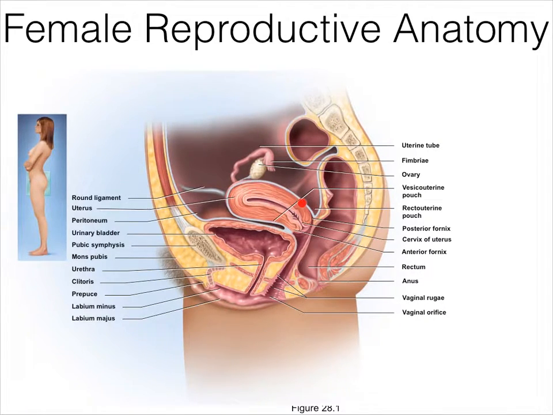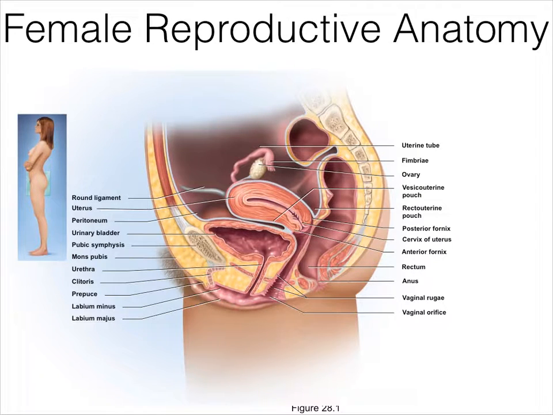This structure here is the uterus. In common parlance, it's called the womb, but technically it's the uterus. This is where a developing embryo and fetus sits, lives, and is supported. The uterus is suspended within the abdominal cavity by the round ligament that basically keeps it in place.